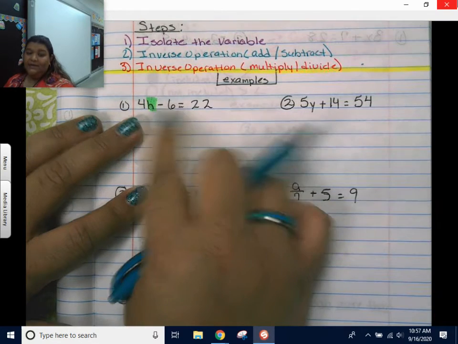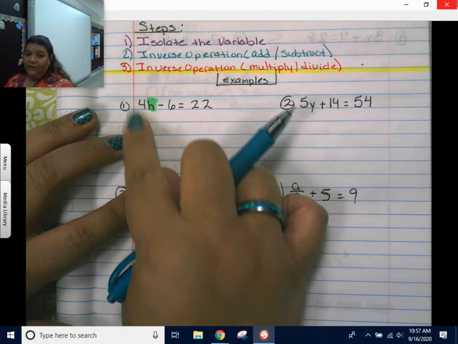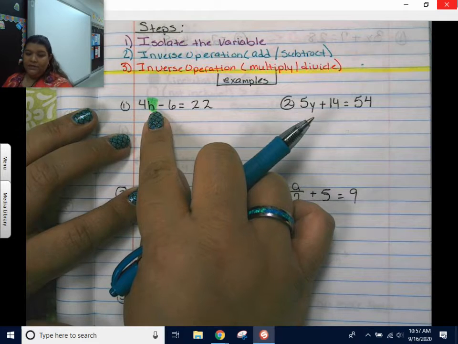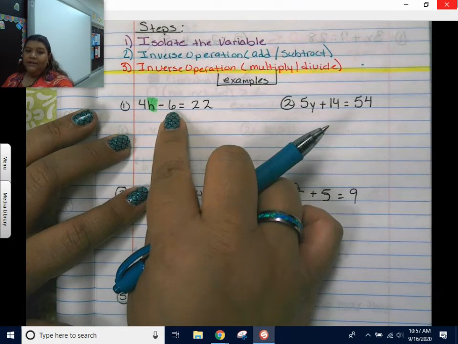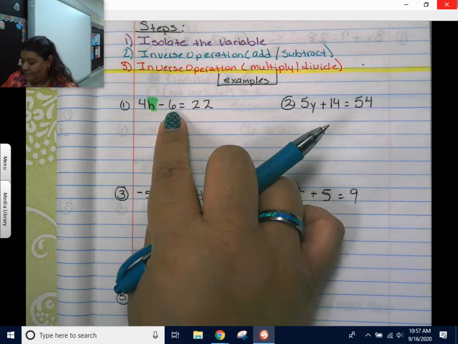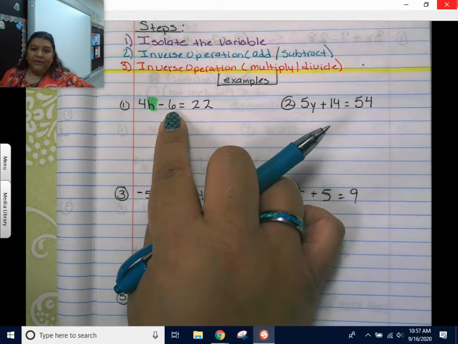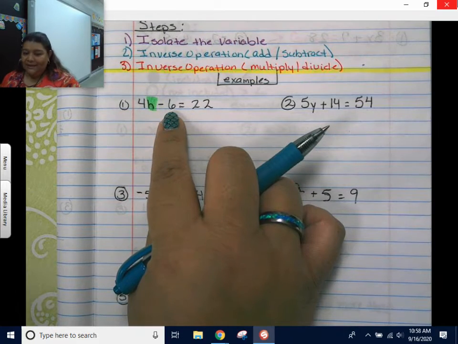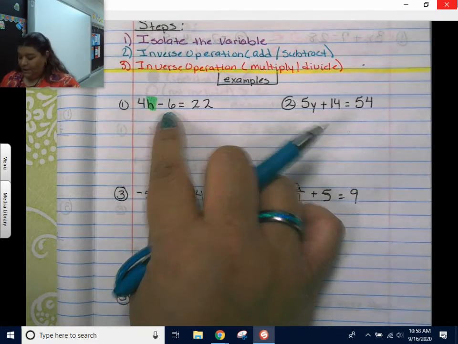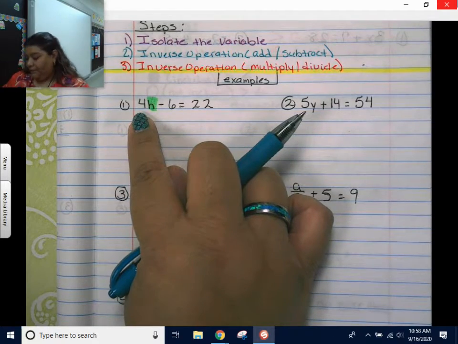I like to think of them as, you see how the 4 and the h are together? That's you and your best buddy, okay? It's you and your best friend. This over here is maybe your little brother, your little sister, the one that has to tag along, the one that has to be there with y'all, okay? That's how I like to think about it. So we got to get rid of them first, make them go home first. And then it'll just be you and your best friend, okay?